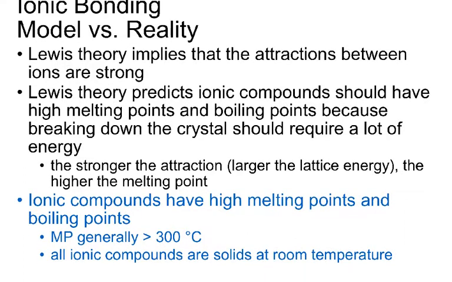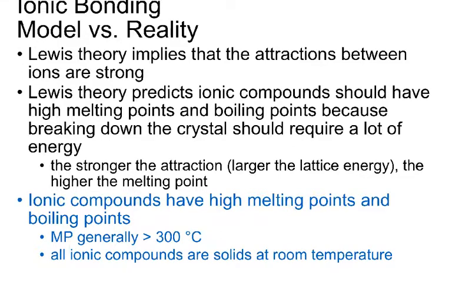Okay, ionic bonding. Model versus reality. So Lewis theory does pretty well in predicting how ionic compounds behave. We've talked about how those positive and negative charges attract each other. Those are strong attractions, and they should have high melting points and boiling points because of those strong attractions.